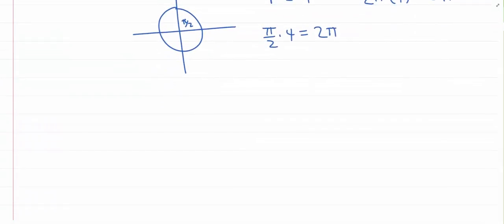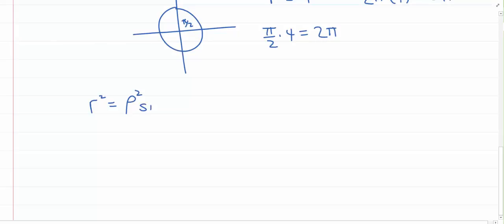Remember that we have this situation. We know that r squared is equal to rho squared times sine squared phi. We know that to be the case. Now, remember, phi goes between 0 and pi.